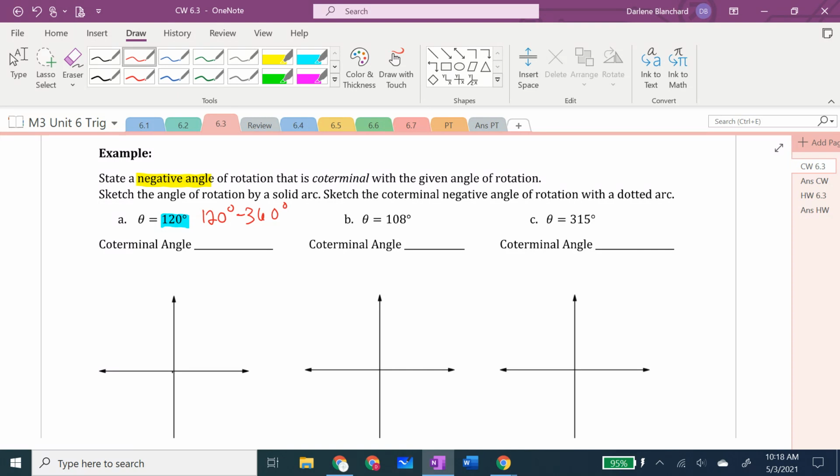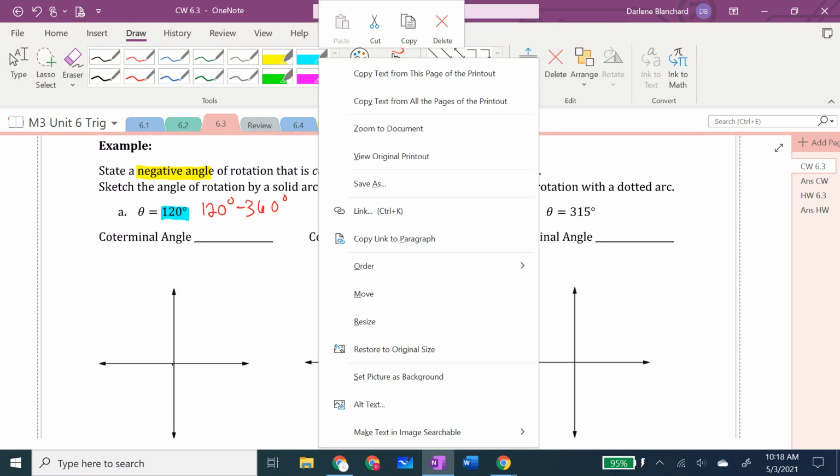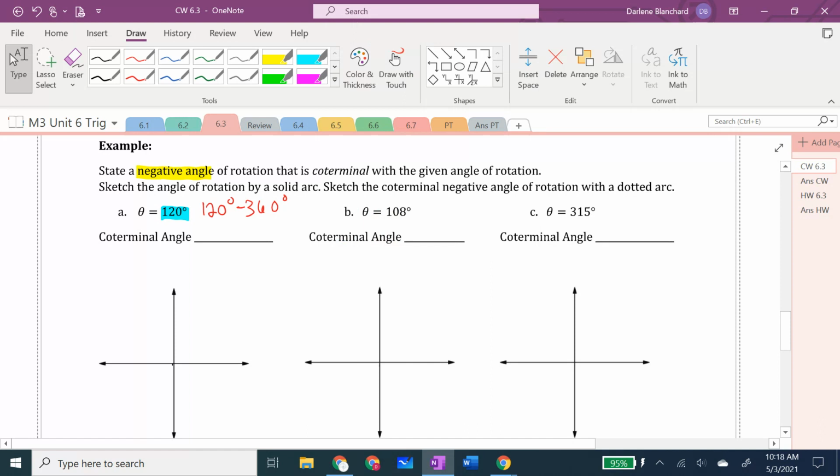But anyway, what is 120 minus 360? Negative 240.